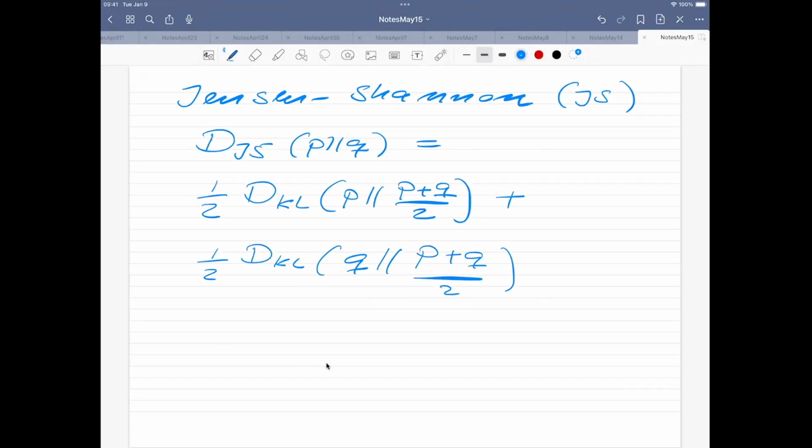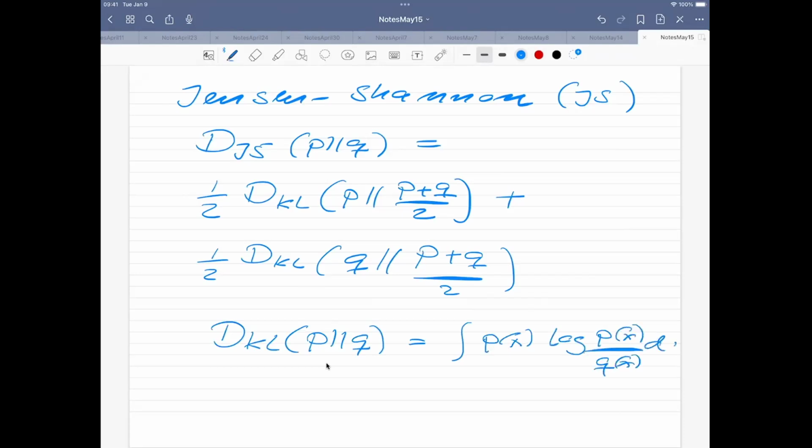Because the DKL of P and Q is actually given by the integral of P(x) log P(x) divided by Q(x) dx, and you see this is not symmetric under the interchange of P and Q. And this is one of the reasons why this Jensen-Shannon divergence, which is also called the information radius, or total divergence to the average, has many names.